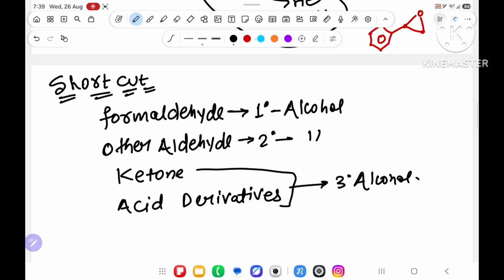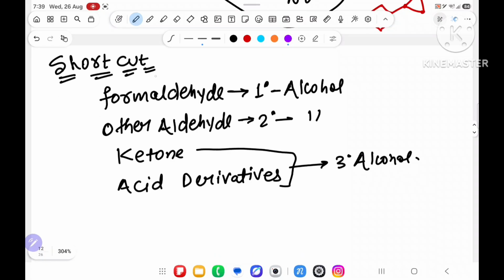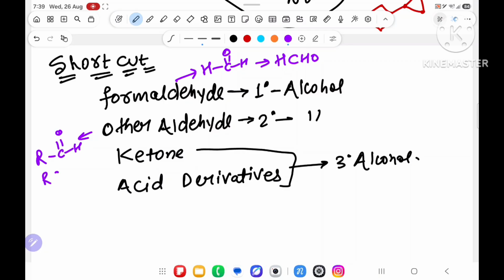Sir, ketone, aldehyde, formaldehyde: we know formaldehyde is HC double bond OH, also written as HCHO. Other aldehyde will be RC double bond OH, also written as RCHO. Ketone we also know, RC double bond OR, written as RCOR.